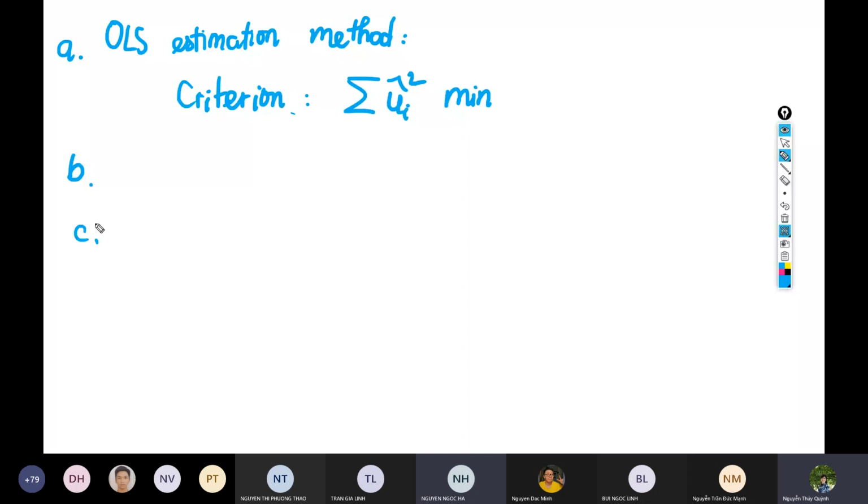It means best linear unbiased estimators. Yeah, thank you. So when our model satisfies the assumptions of the OLS estimation method, the OLS estimators for the model will be BLUE, which means they are best linear unbiased estimators.